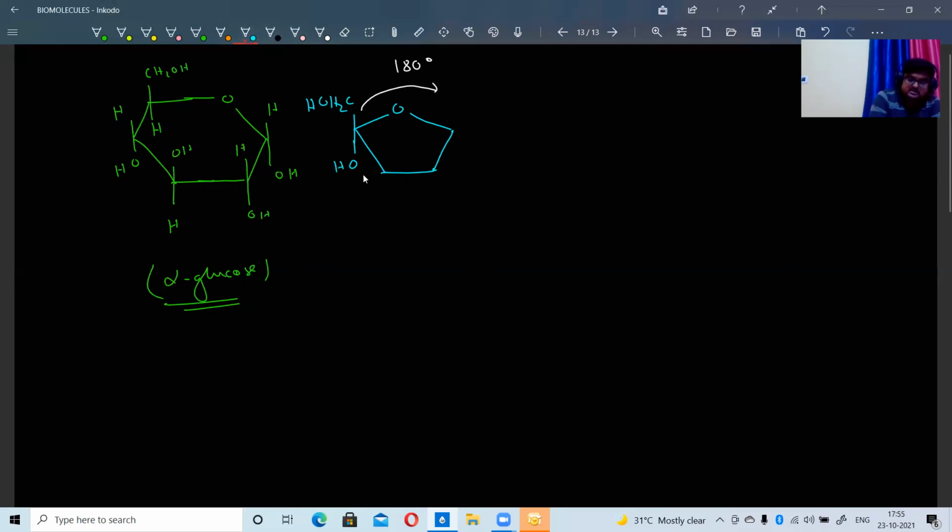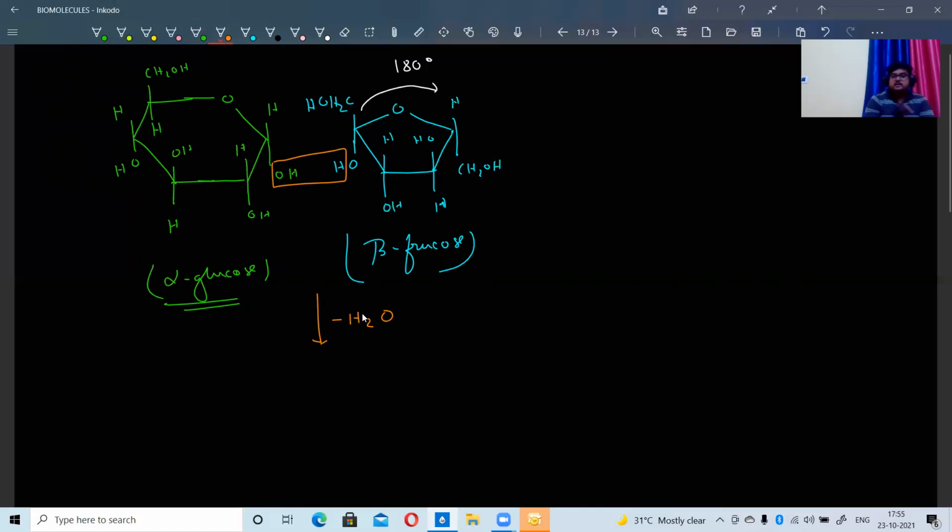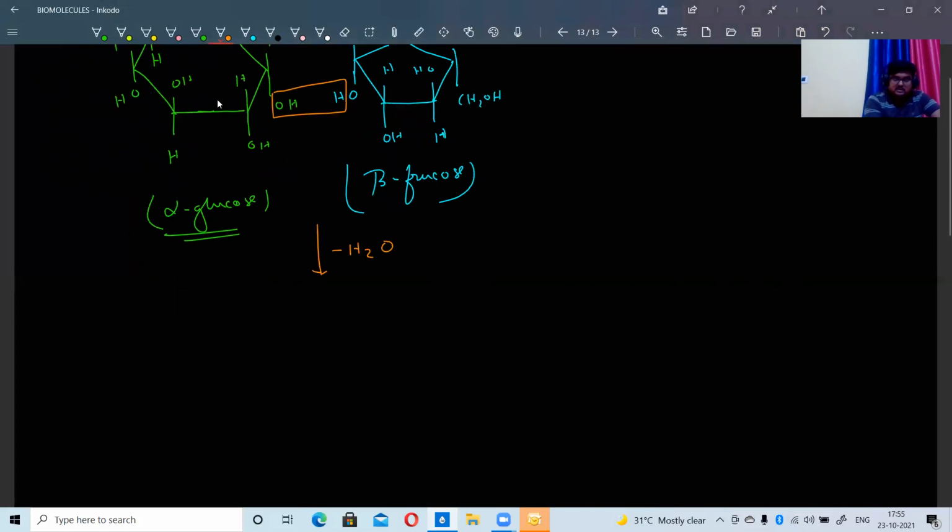This one is OH, then OH, H, OH, H, and H, CH2OH. This is beta fructose. Now, water elimination takes place. After elimination of 1 mole of water, we get sucrose. Now, what is the structure of sucrose? If you draw the structure, it looks this way.